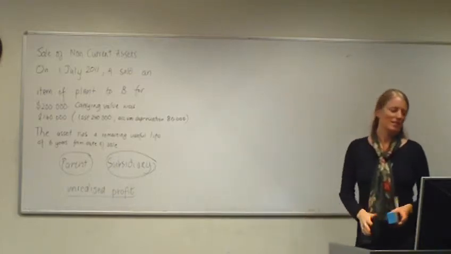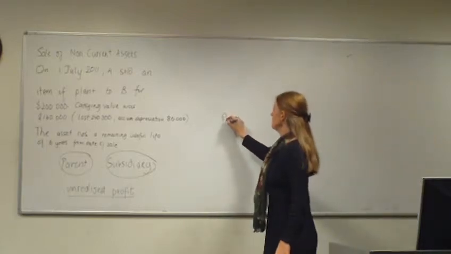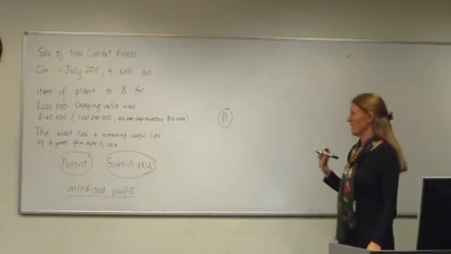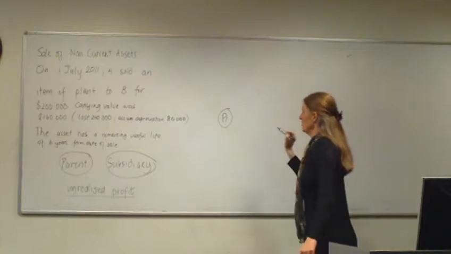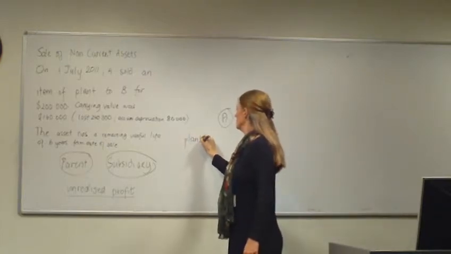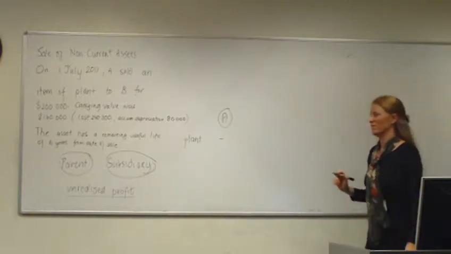First, let's see what happened in the books of A regarding this transaction. On 1st of July, A sold an item of plant to B. So in the books of A, plant is going to be 0 because they've sold it.